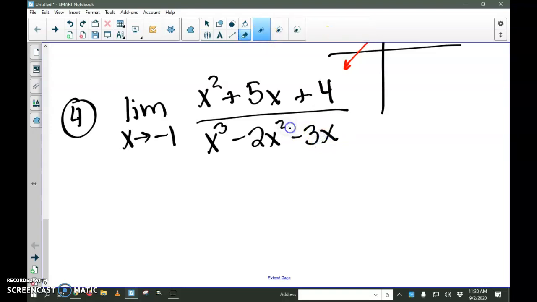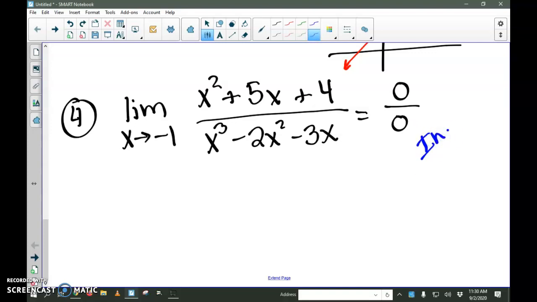And so again, I should always substitute. When I substitute -1 into the numerator, I'm going to get 0. When I substitute -1 into the denominator, I get 0. That answer is indeterminate.